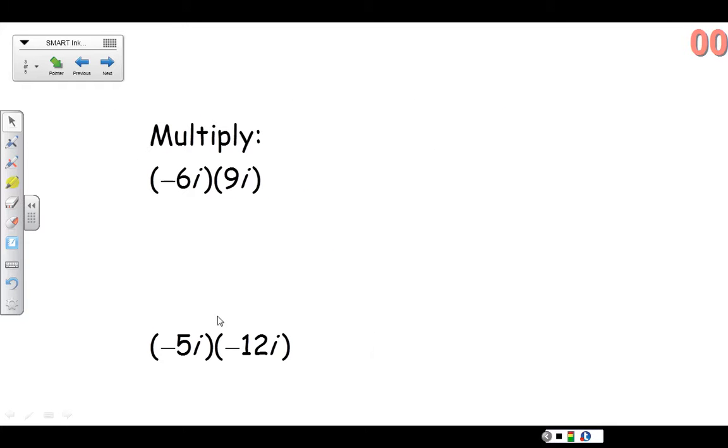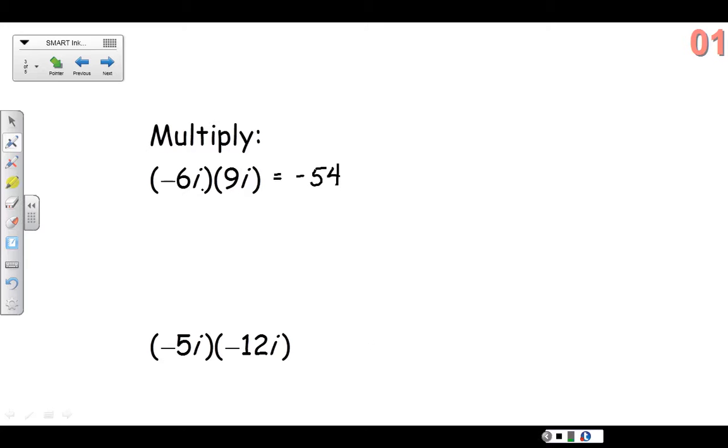Where it says multiply these expressions, we know it's multiplication because you've got parentheses right up against each other with nothing between, and in algebra that means multiplication. So in this part, we're going to multiply the coefficients together. -6 times 9 gives me -54.